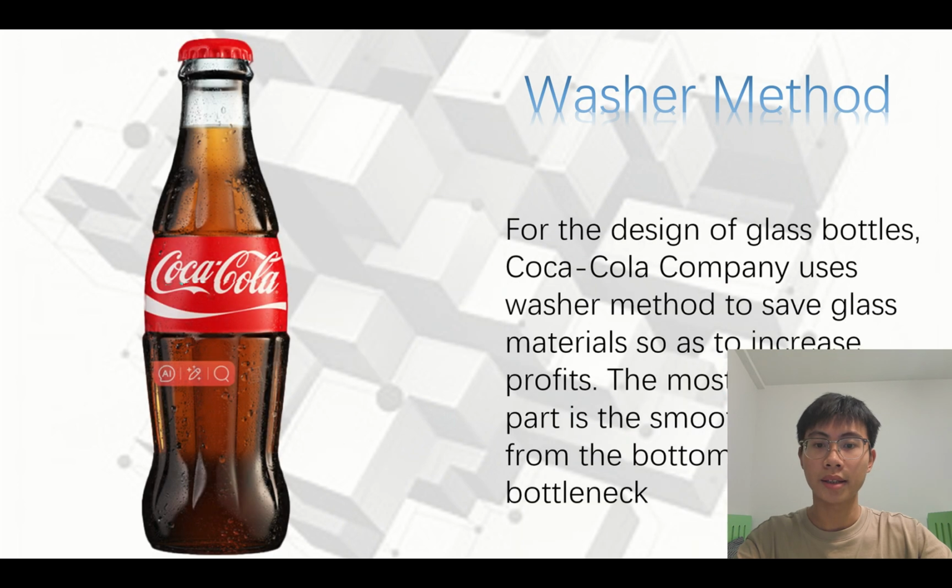A real example. For the design of glass bottles, Coca-Cola Company uses the washer method to save glass materials so as to increase profits. The most prominent part is the smooth transition from the bottom of the bottle.